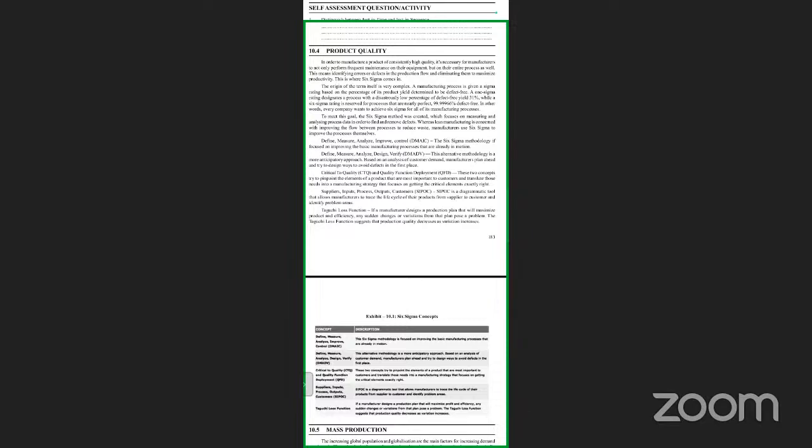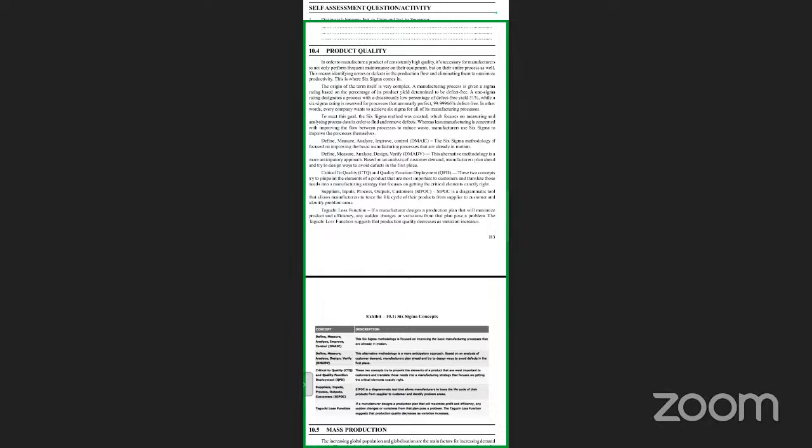Next is DMADV, that is define, measure, analyze, design, and verify. This is an alternative methodology, a more anticipatory approach. It is based on analysis of customer demand, where the manufacturer plans ahead and tries to design ways to avoid defects in the first place.